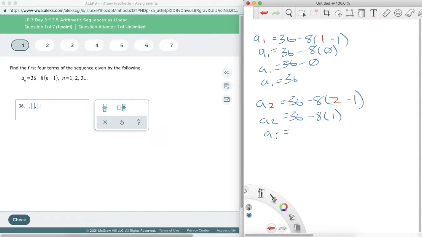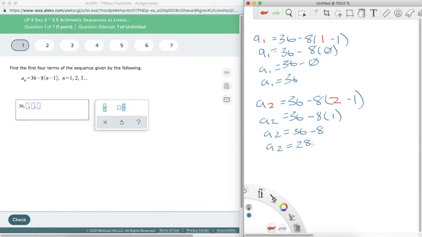So we have 36 minus 8 times 1, which is 8. So we have 36 minus 8. We simply subtract those, and we get 28 for that one.